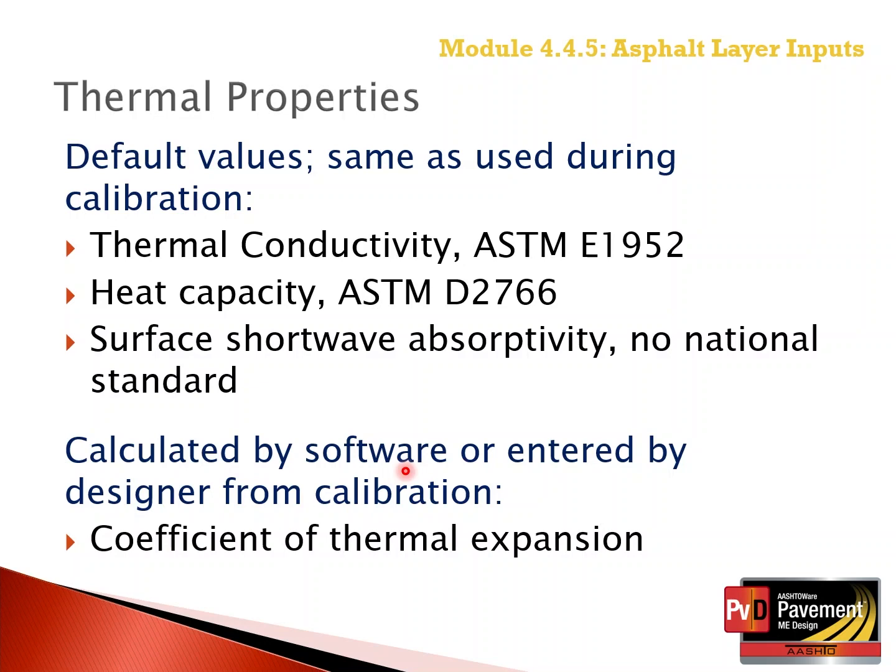The majority of agencies simply use the default values for the thermal properties, which were also used in the global calibration process. Again, as a reminder, the user or designer should select the default values that are consistent with the calibration process.